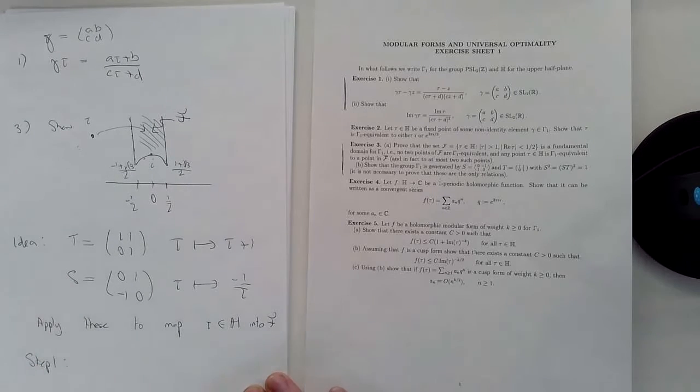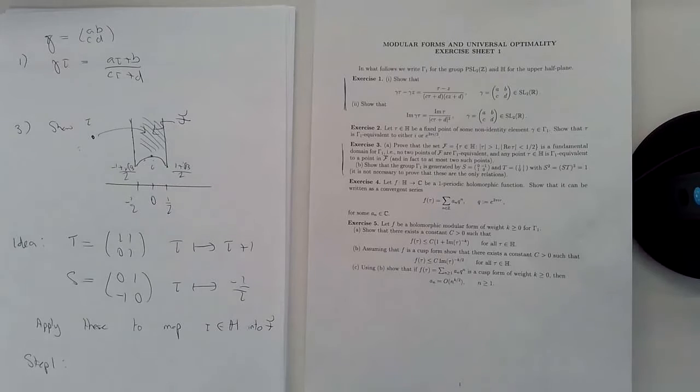So step 1 is to take any tau and move it such that the real part is between -1/2 and 1/2, and we can obviously do that with the translation by 1.